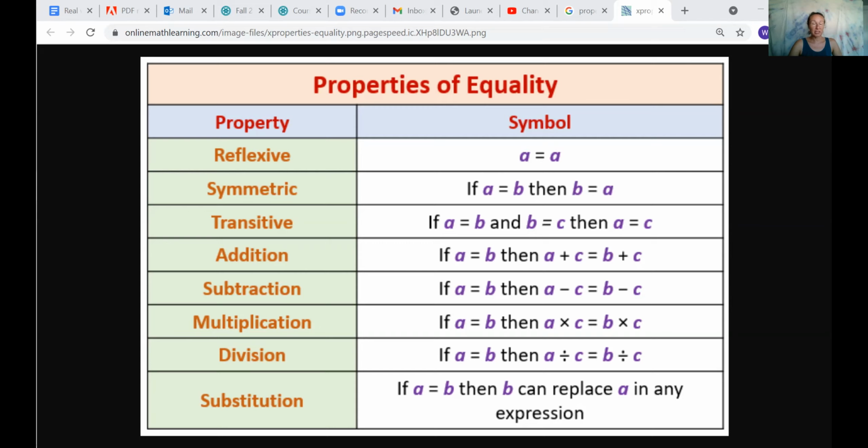In addition to these properties of equality, we can still use the same tools that we had when we were adding and subtracting rational expressions, which means it's still fine to multiply by versions of 1 anywhere inside our equation that we want, okay? So now we have both those tools, and our goal is to solve these equations.